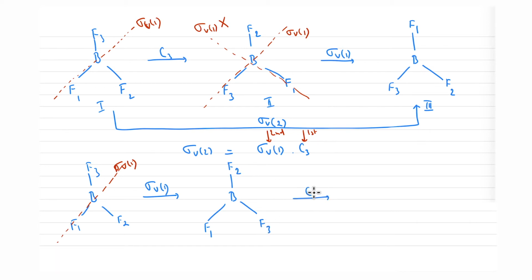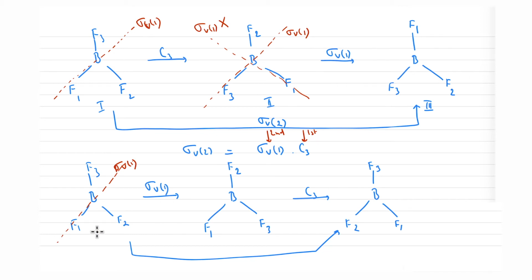Now if I do C3 operation, what do I get? If I do C3 operation, 1 goes here anti-clockwise, 3 and 2. Now what is this operation? In this case, my F3 is not moving, F1 and F2 are getting reflected.